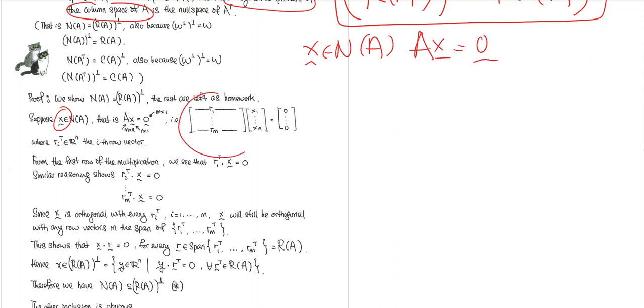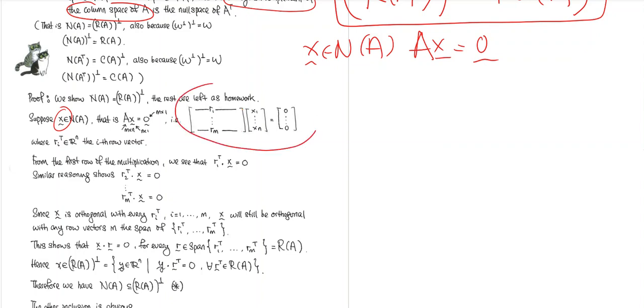So we are writing out the matrix A, and we indicate the rows of the matrix. This is the first row of this matrix A. This is the m-th row of this matrix A. Your A is m by n, right? So you have m rows and n columns.